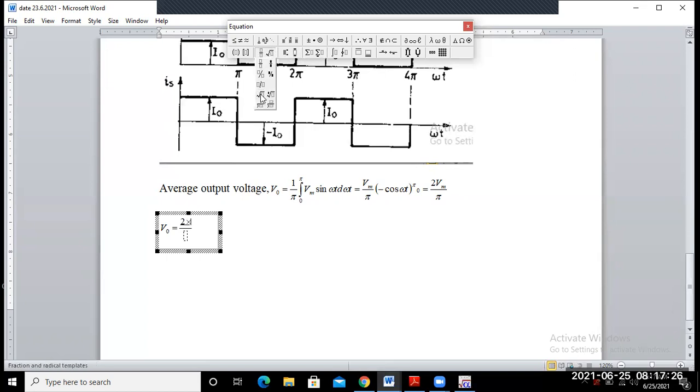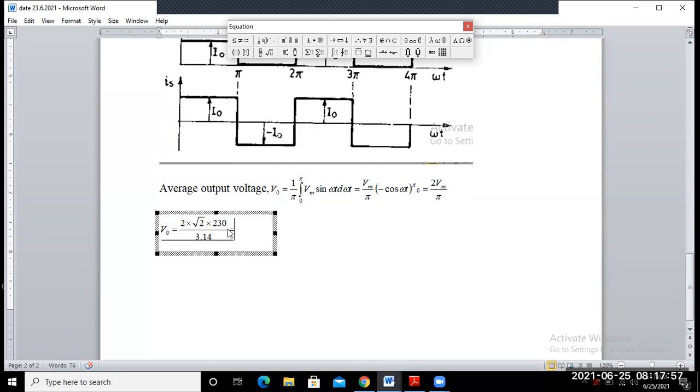So root 2 into 230 volt divided by pi. That means pi equals 3.14. So just multiply this one, 2 into root 2 into 230.